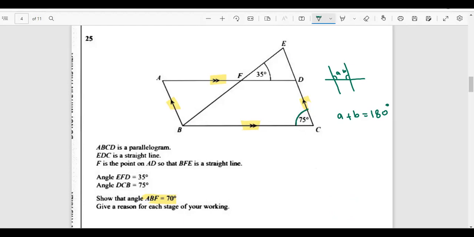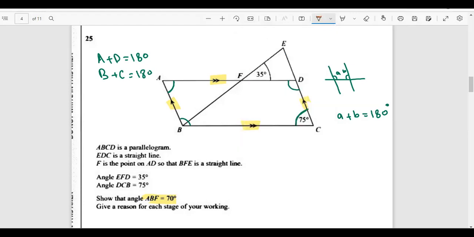Since AB is parallel to DC, angle A plus angle D would give you 180 degrees, and B plus C would give you 180 degrees. Oh, okay. Oh, I see.